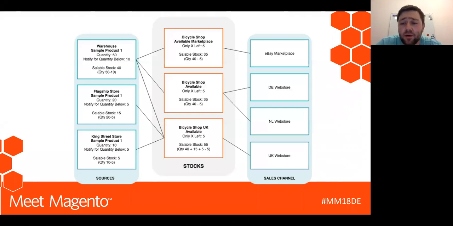But currently, out of the box, we have only one implementation of sales channel, implemented by the Magento website. So any sales channel, so any website, has one and only one stock assigned to it. But along with that, one stock can be reused by several websites.